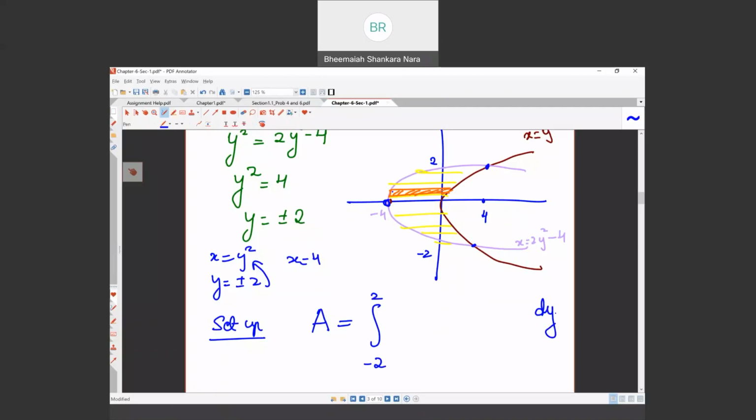When you use the x values, we say top and bottom when we subtract the curves. And when we use the y-axis, dy is the variable. We write it as the right and the left. The right is positive, the left is negative. So the rightmost curve here, what we have is x equal to y squared. Let's write that. And the leftmost curve, what we have is 2y squared minus 4.